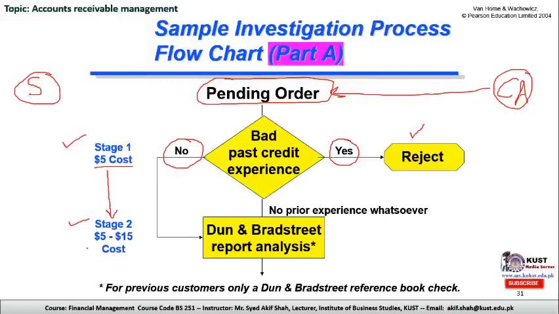In stage number 2, usually the supplier incurs $5 to $15 of cost, because in this stage the supplier approaches the Dun and Bradstreet report analysis. Now, what is this? There are rating agencies in the market, like Dun and Bradstreet.